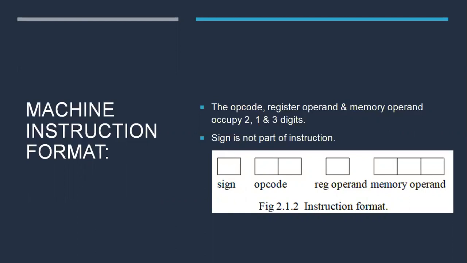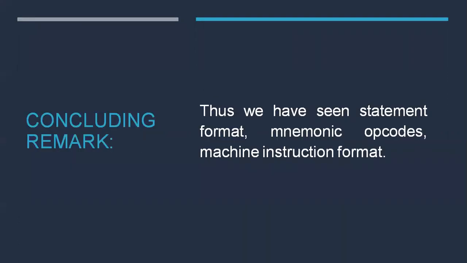Sign, opcode, first operand as register operand, second operand as memory operand. So this is how the instruction format is. Don't worry, we are going to see each and every machine instruction. Thus, we have seen the statement format, the different mnemonic opcodes, and machine instruction formats.